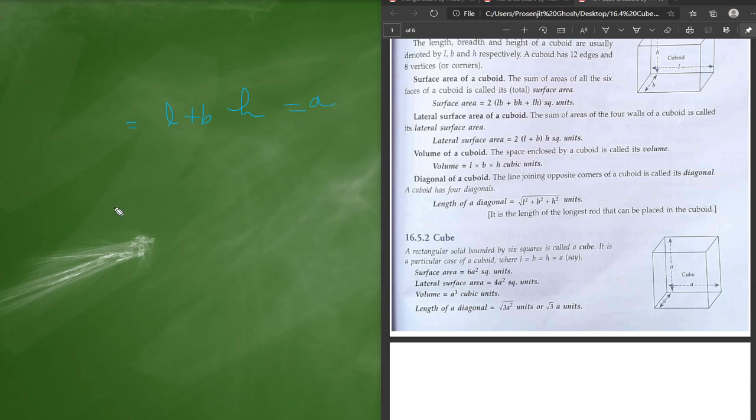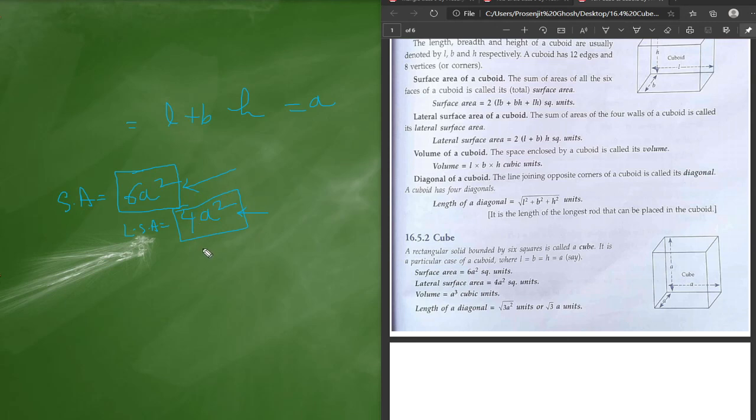So the formula will become: for surface area it is 6a square, for lateral surface area it is 4a square. You can also think of it like this: each of the surfaces is a perfect square, with area a square. While we talk about the total surface area, there are six surfaces, so that is why 6a square. Now if you talk about lateral surface area, that is all about four surfaces, so there are 4a square.